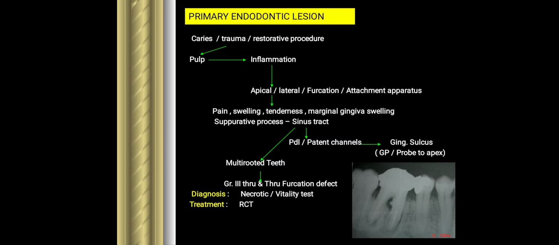If sinus tract formation occurs in multirooted teeth, a grade 3 through-and-through furcation defect will occur. If PDL and patent channels are there, then infection will occur in the gingival sulcus. The diagnosis will be necrotic pulp, and vitality test will be negative in such cases. The treatment option will be root canal treatment.